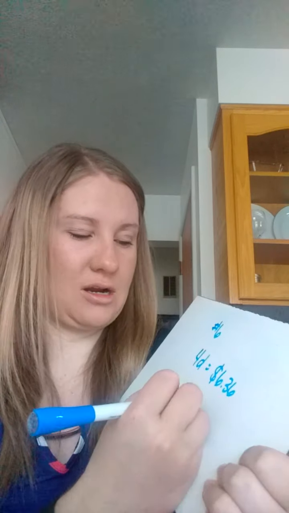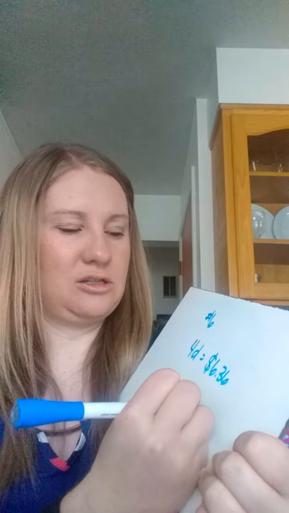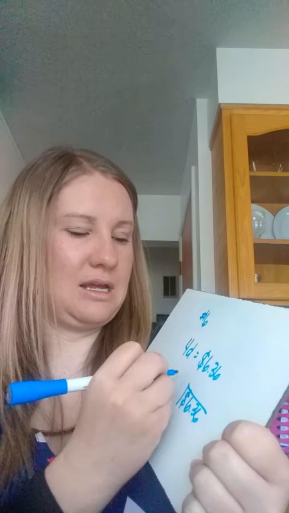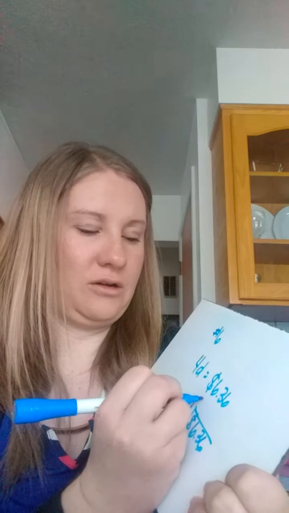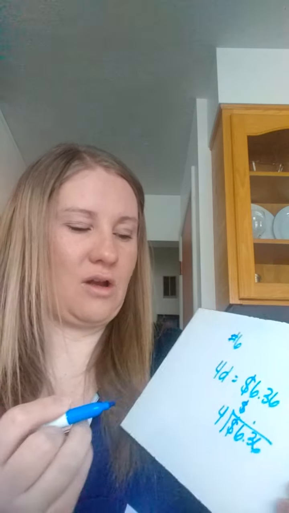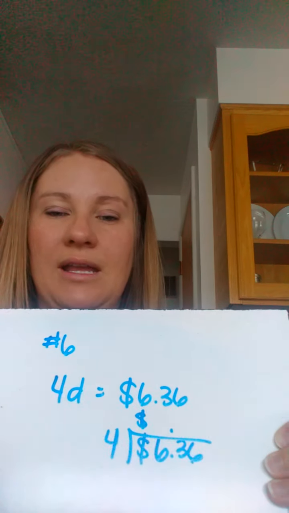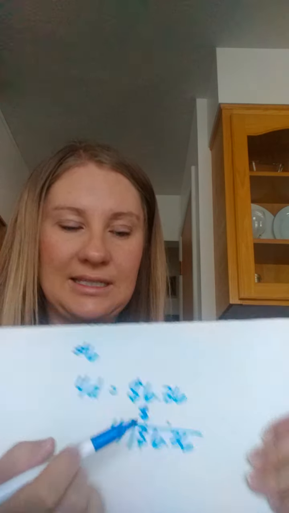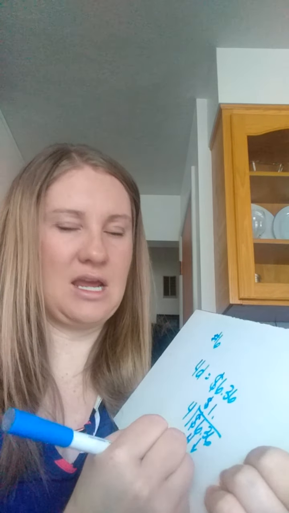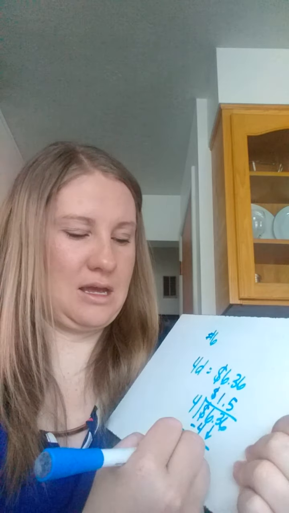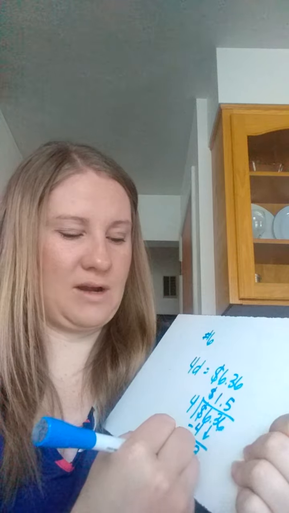So let's start that. $6.36 divided by 4. So I know that my answer will be $1. So I'll just start there by labeling. 4 goes into 6 one time. That's 4. I subtract. I bring down my 3. 4 goes into 23 5 times. 4 times 5 is 20.